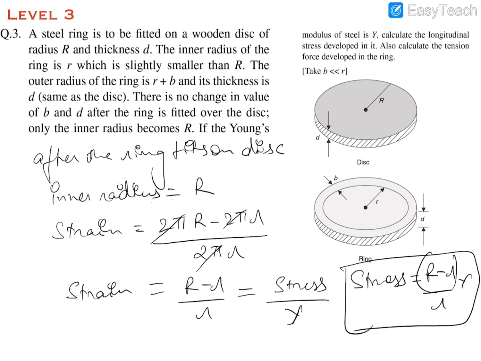Now to find out the tension developed in the ring, you have to imagine one thing: this stress would be developed due to this tension. So you can imagine that there is a strip, and a tangential tension force will be acting on this strip like that.